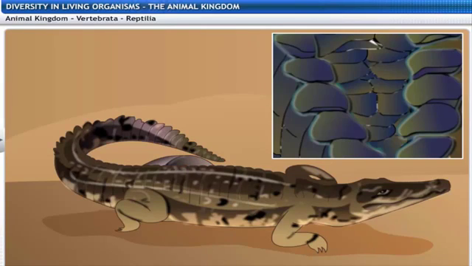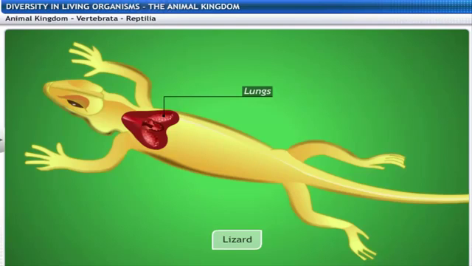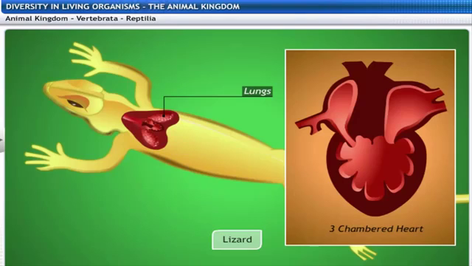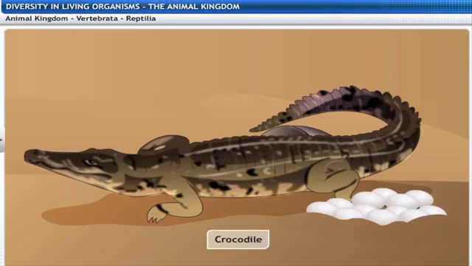Reptiles have a scaly skin which is resistant to drying out. Reptiles breathe through their lungs. Their hearts are three-chambered with the exception of crocodiles, which have 4-chambered hearts. Reptiles are also egg-laying animals, and unlike amphibians, they lay their eggs on land.